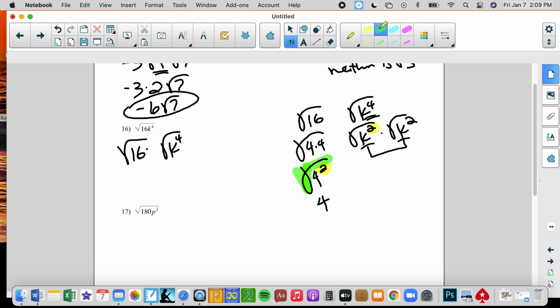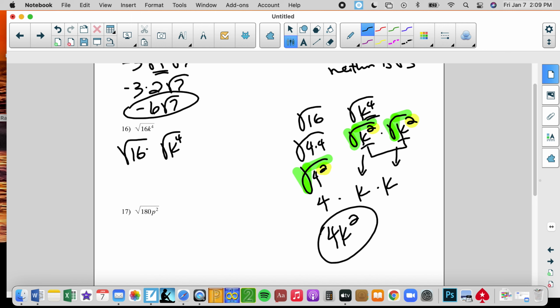Because it's going to cancel with this radical. Why did I choose this 2? Because it's going to get rid of this radical. And they'll cancel. You'll be left with your base. So this one produces a k. This produces the base of a k. And then my answer is going to be 4k squared. So we get 4k squared.